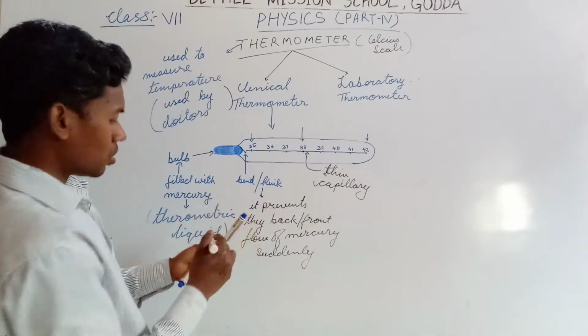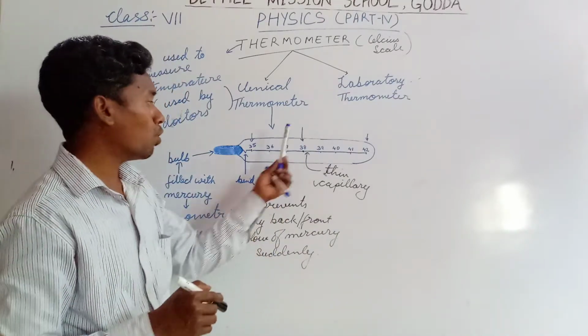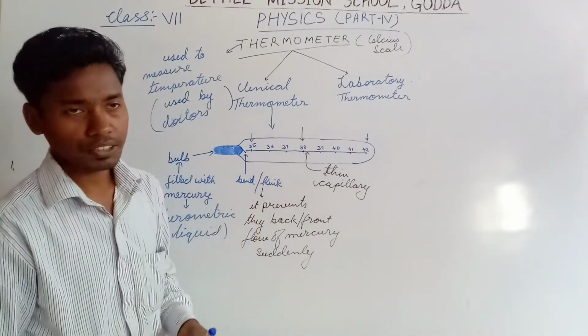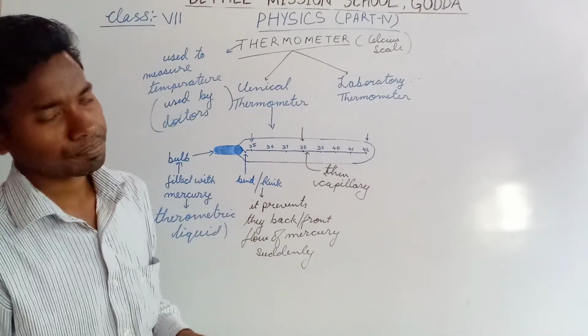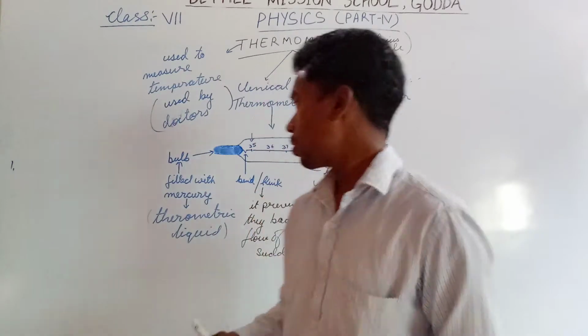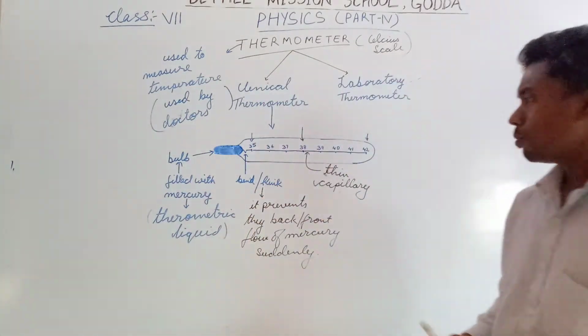Means it does not allow it to move forth or back suddenly. That is the function of this kink. Okay, so that is about our clinical thermometer.